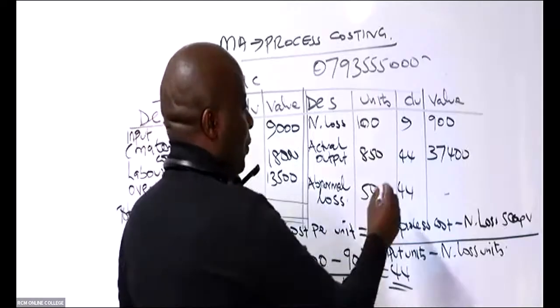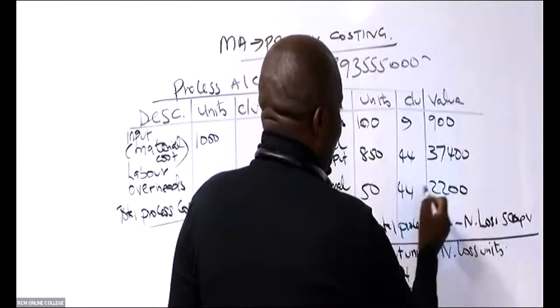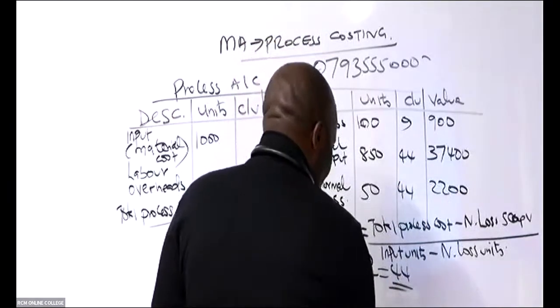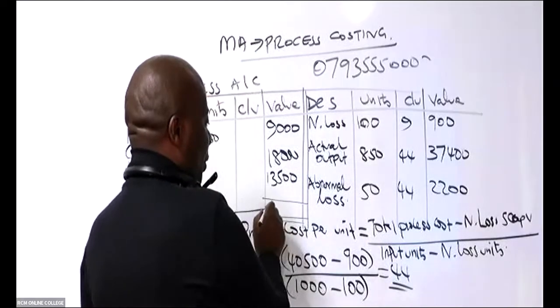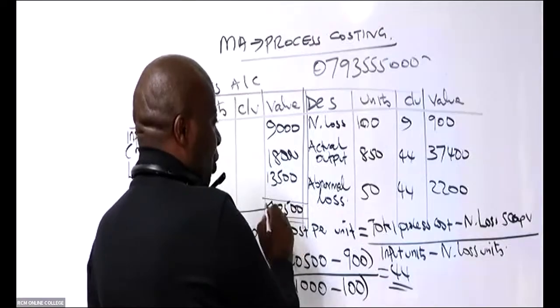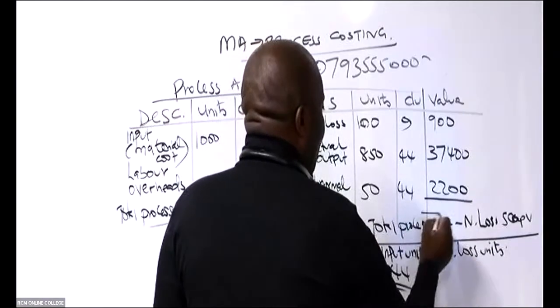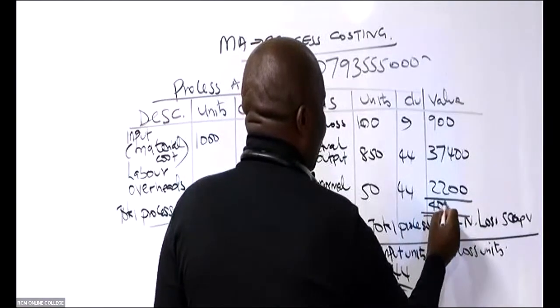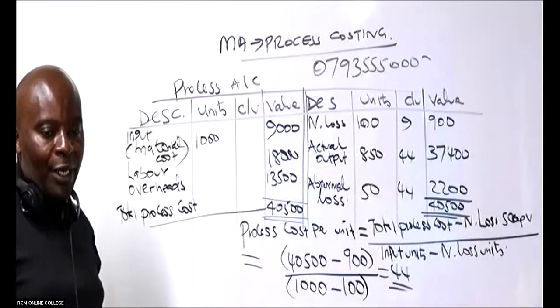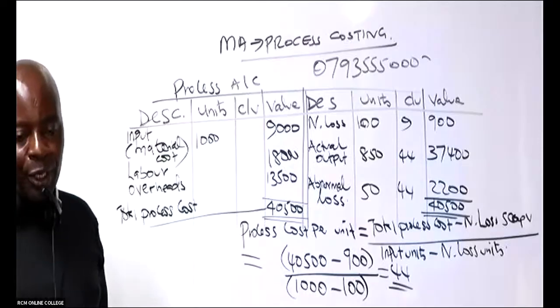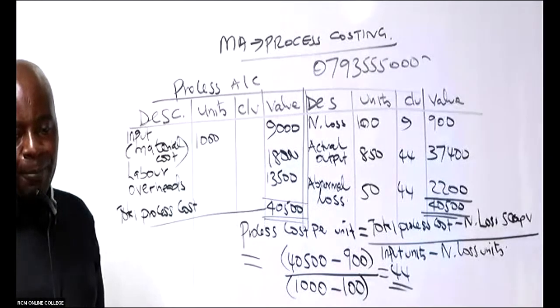So this gives me 2,200. And you can easily mark for yourselves because this account has to balance. You have told me that this is 4,500. So if you are correct, when you add this side, we should also be able to get 4,500.